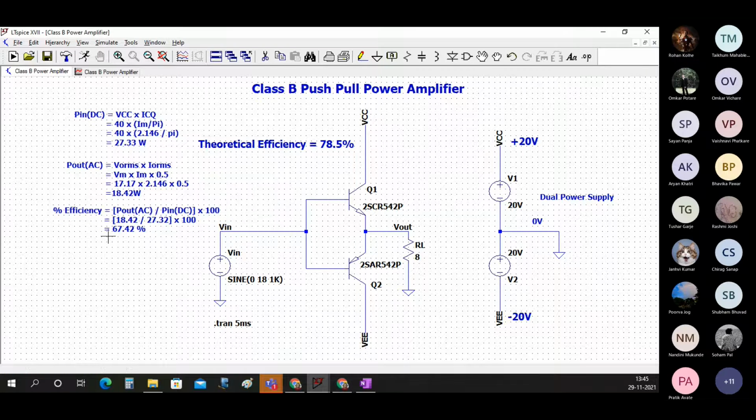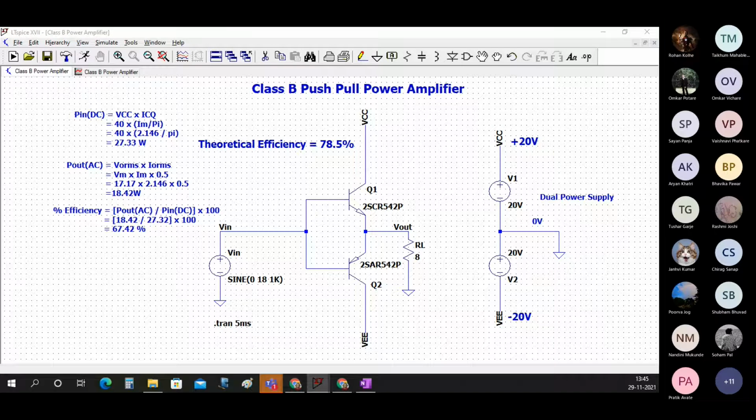So it should be this much. Check it. Now this value of efficiency should always be less than the theoretical value, because that's the maximum that you can do. You cannot get more than 78.5. So our 67.42 is very good.